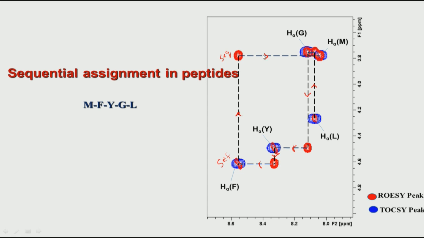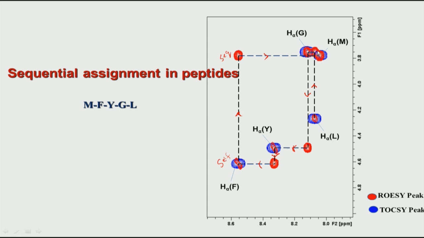So, we have to go from ROESY to TOCSY, and in the TOCSY I am seeing the self of methionine. Now, if I walk along this line up or down, I do not see anything, which means methionine is the last amino acid, the N terminal amino acid, which is correct based on this sequence.